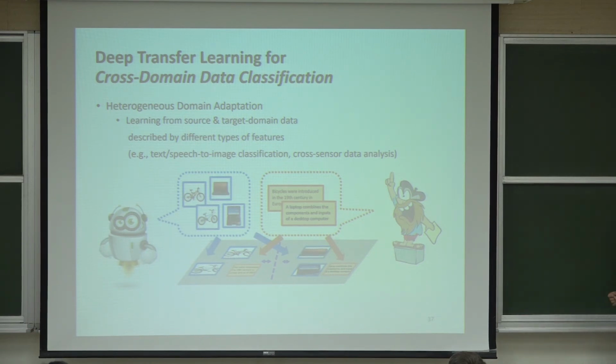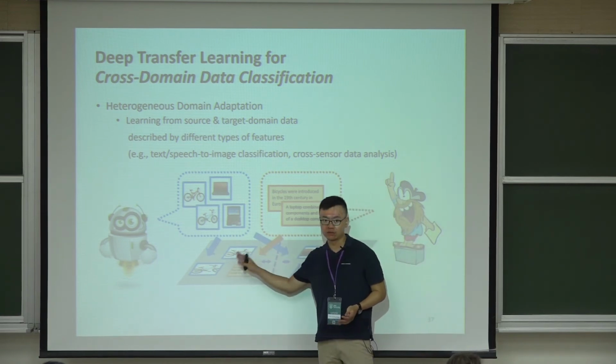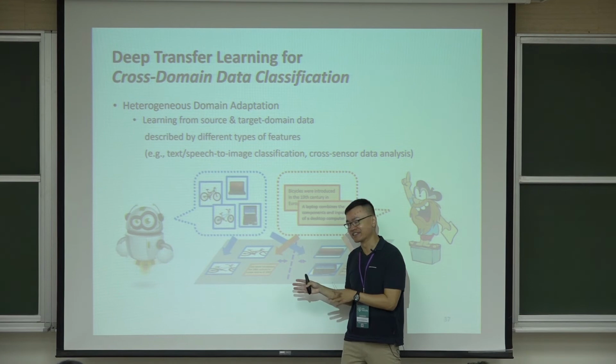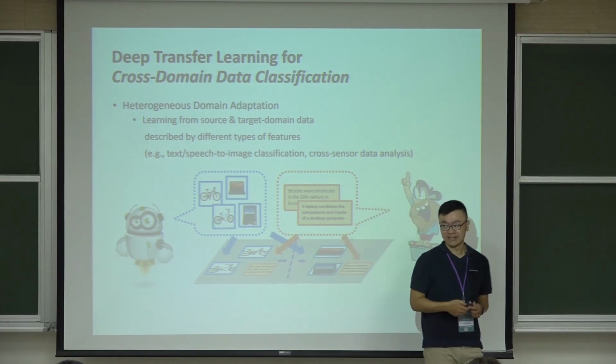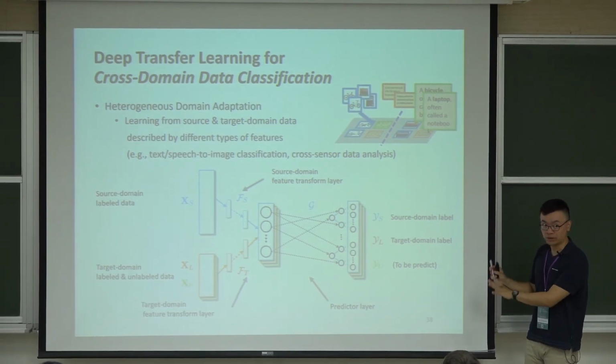And like I mentioned earlier, for heterogeneous domain adaptation, we need to project the data onto a common feature space, right? That is how we can design a good classifier in this common feature space. Okay, so I can still show you the framework of this model.